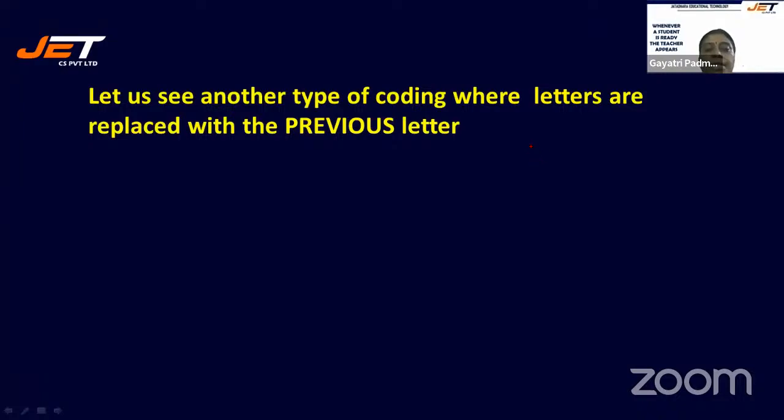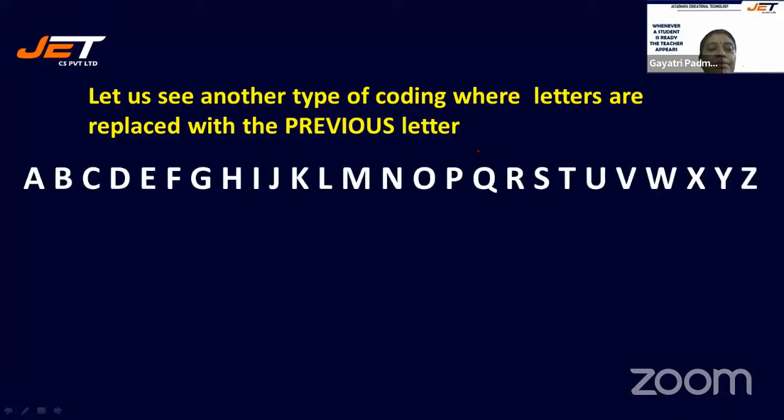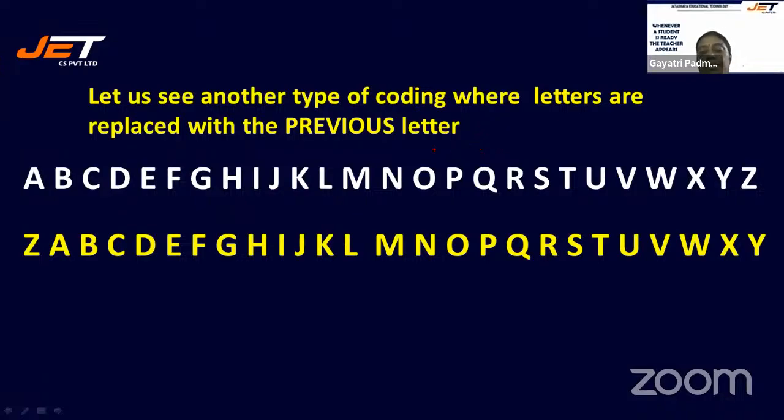Now let us see another type of coding where letters are replaced with the previous letter. Fine. So supposing you have A, B, C, D till Z. Now we are starting with Z. The alphabet starts with A and ends with Z. Now we are starting with Z, all right?